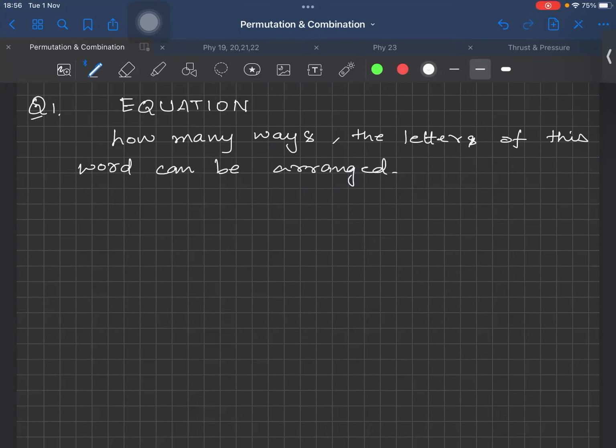How many letters are there in total? 8, sir. 8 letters are there, right? So how many ways can it be arranged? 8 factorial.